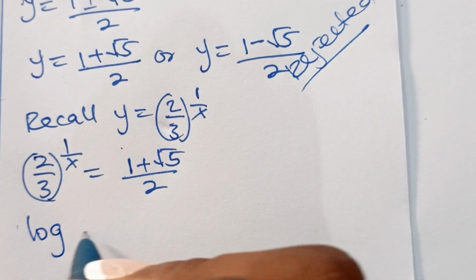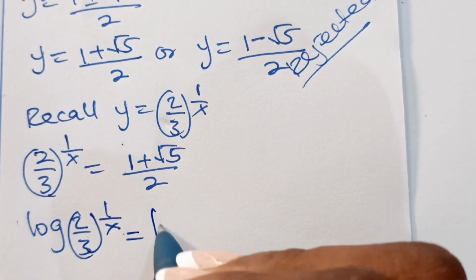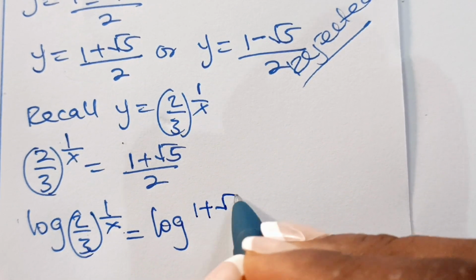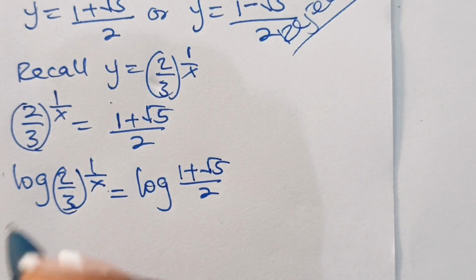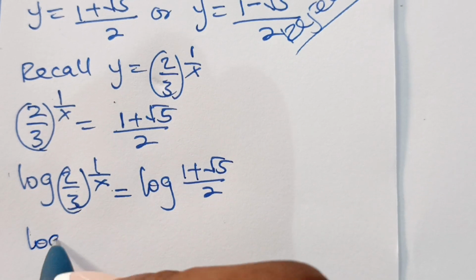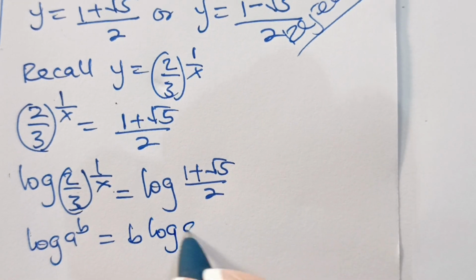So we have log of (2 over 3) to the power of 1 over x is equal to log of (1 plus root 5) divided by 2. All right, now when you have log a raised to the power of b, that is actually equal to b multiplied by log a.